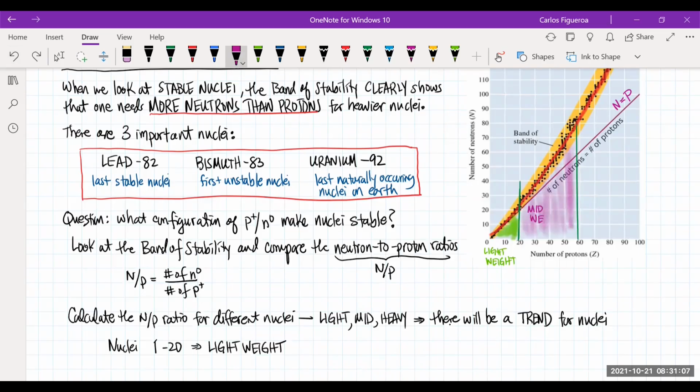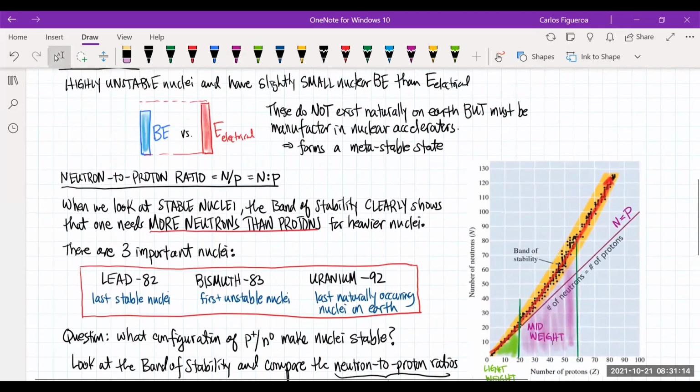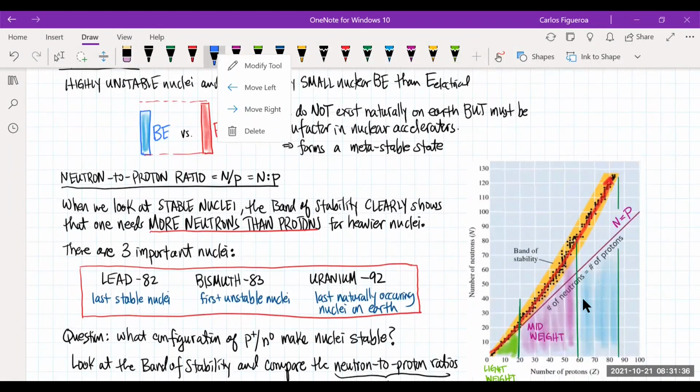The reason I call that the midweight region is that as I get above this, you really see that the curve dramatically changes, and it really starts to curve upwards. So this region right in here, roughly, I would call the heavyweight nuclei.